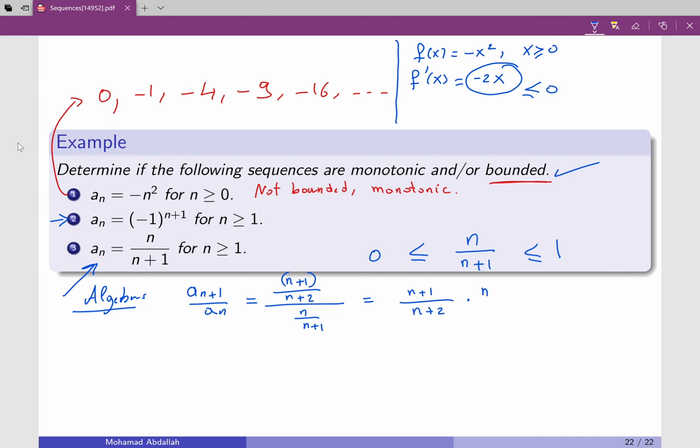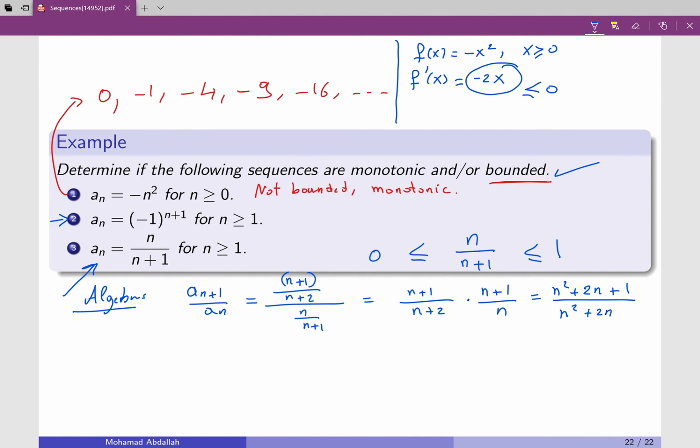(n+1) over n. So this is equal to n squared plus 2n plus 1 divided by the bottom, which is n squared plus 2n.